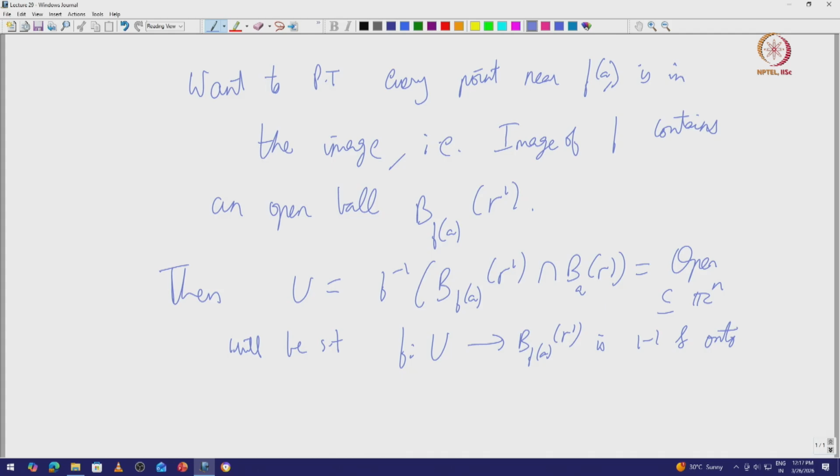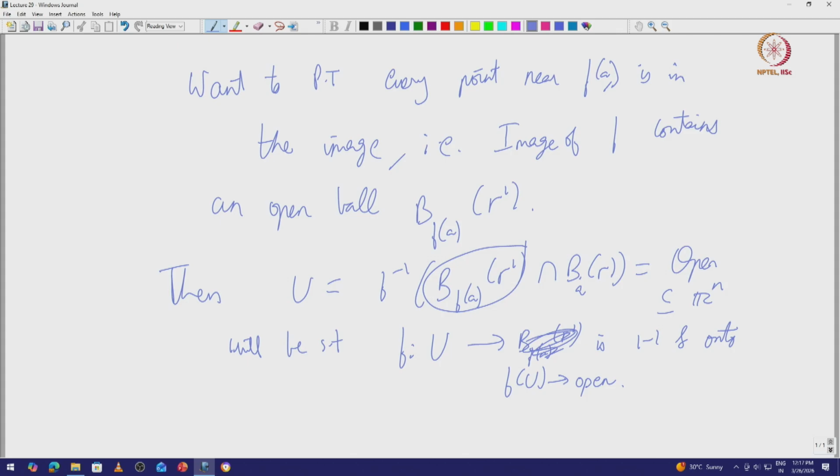So f inverse of this ball intersect this smaller ball will be an open set where f is 1 to 1, it's obviously onto, but also this will be an open set. This is what we want to say.